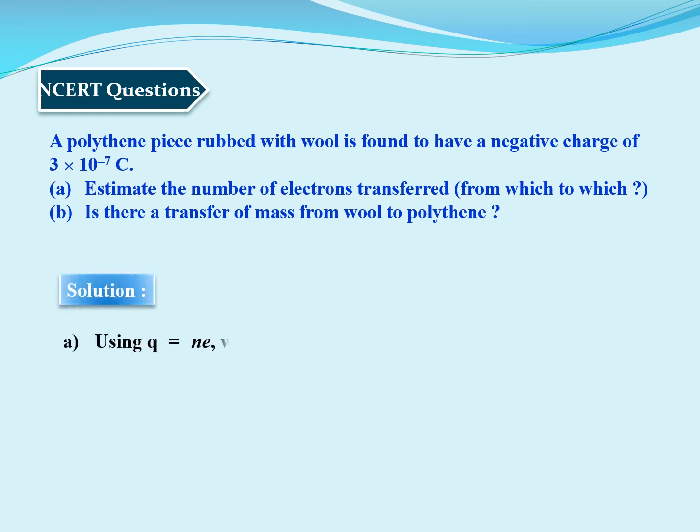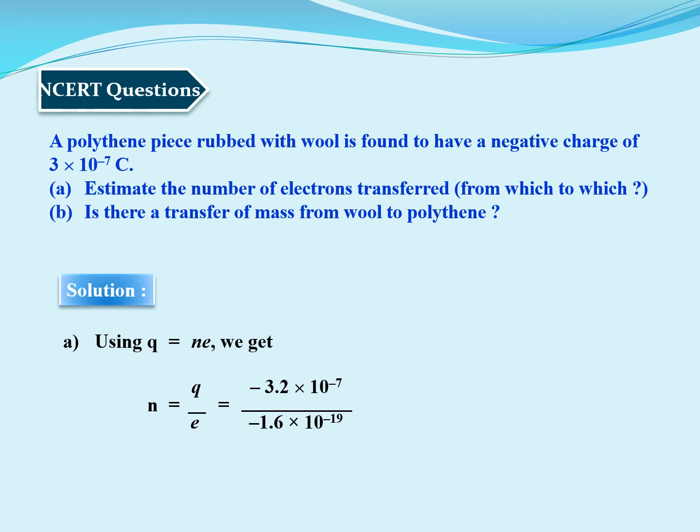The solution. Again, I'm using quantization of charge, which says Q is equal to N E, where we get the following values. I can directly write N is equal to Q by E and substitute your values, where Q is minus 3.2 into 10 to the power of minus 7 coulomb and E is minus 1.6 into 10 to the power of minus 19.